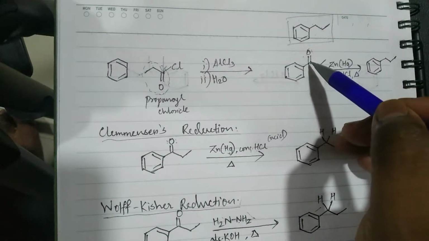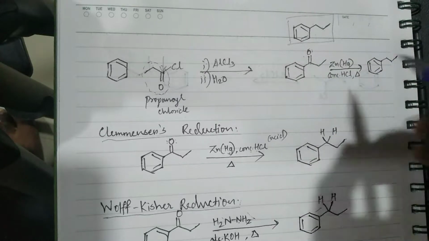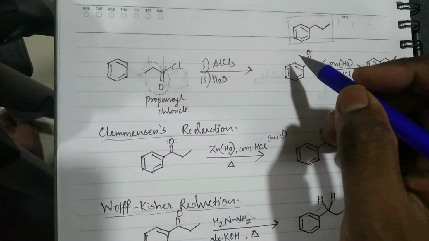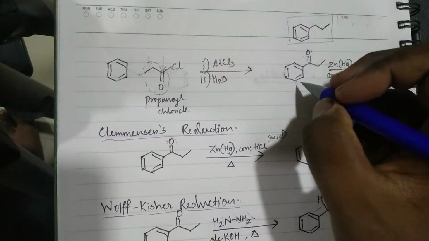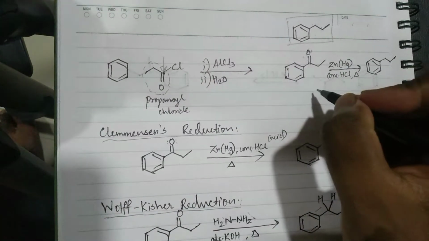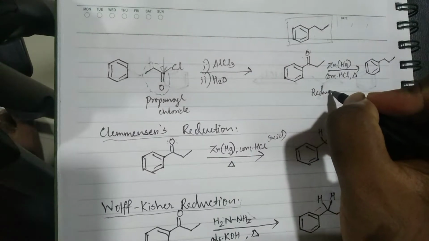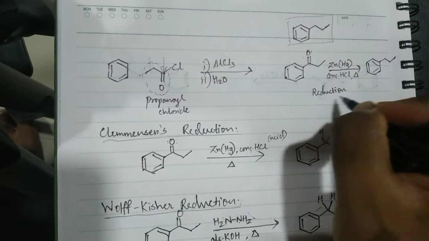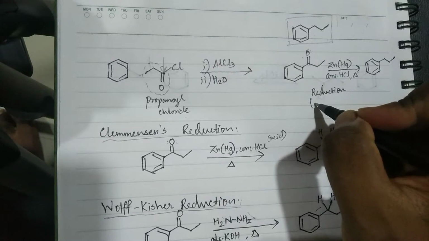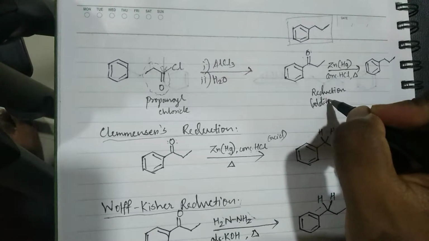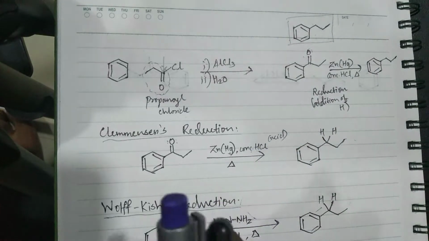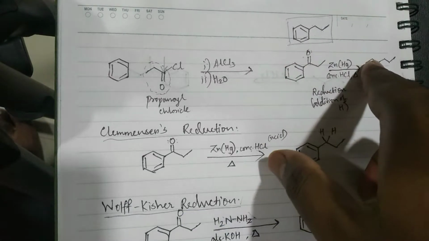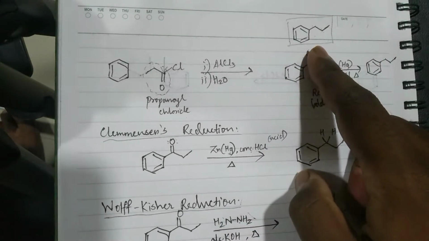That reaction where I put hydrogens into a molecule is what we call the reduction reaction. In organic chemistry, reduction means addition of hydrogen atoms. So if I remove this oxygen and put hydrogen, our problem is solved.